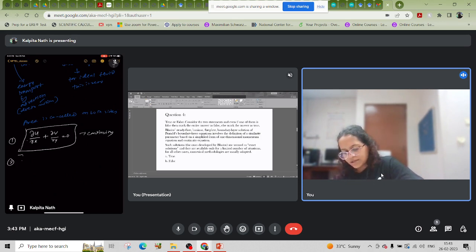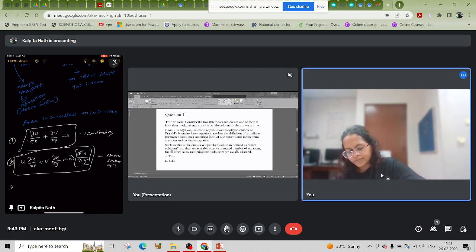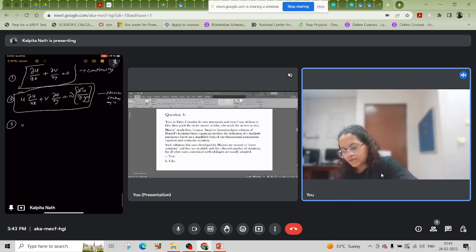The second equation is u del u/del x plus v del u/del y is equal to nu del square u/del y square. This is the Navier-Stokes equation, equation number 2. And equation number 3 is u del T/del x plus v del T/del y is equal to alpha del square T/del y square.